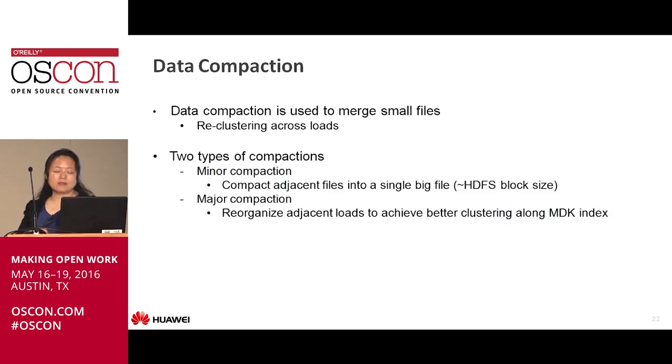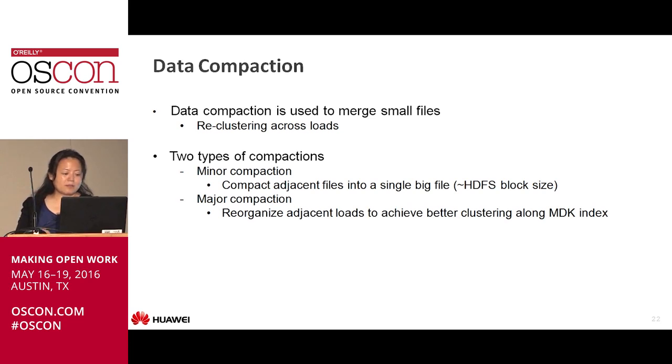In general, carbon data performs well with big files. Data compaction is a tool we introduced to merge small files so that it operates on bigger files. This is also a chance for you to recluster the data across loads to achieve better clustering along the MDK index. Two types of compaction are supported.